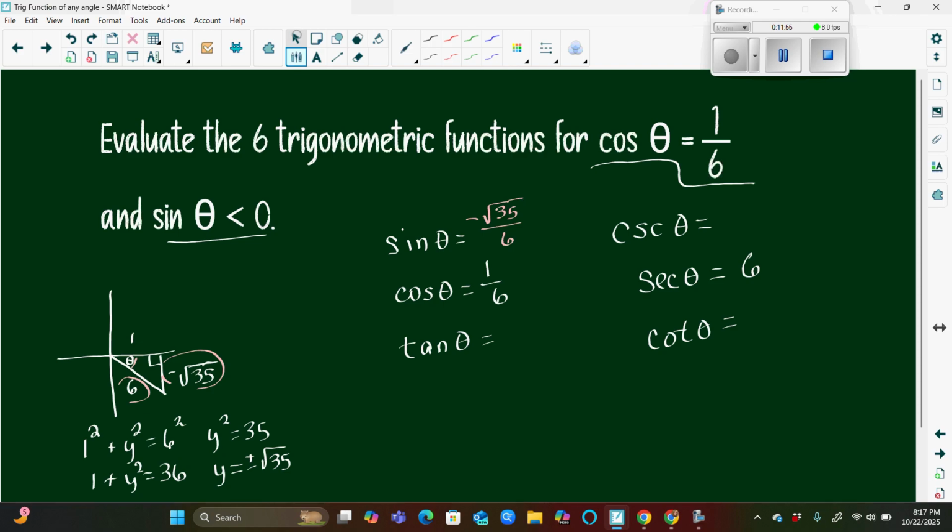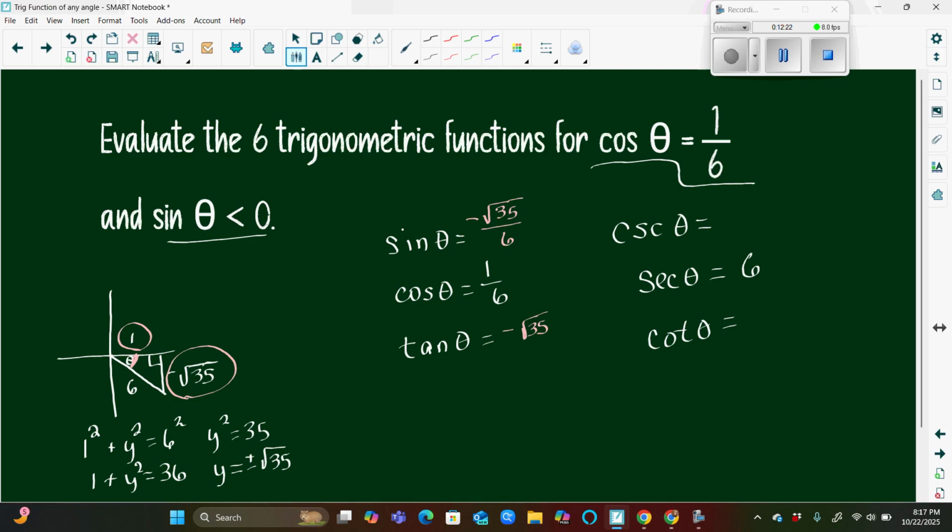And there you have it. Okay, let me move some of this stuff out the way. There we go. All right, now let's find, we'll come back to cosecant in just a moment. Let's find tan. So tan of this angle right here is going to be y over x. So negative square root of 35 over 1, which is just going to be negative square root of 35.